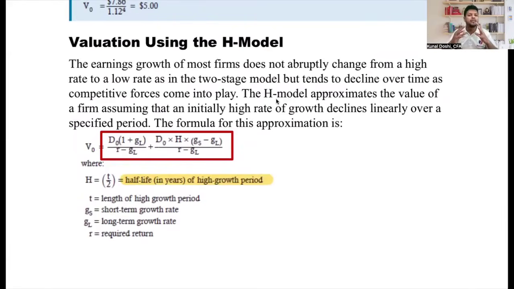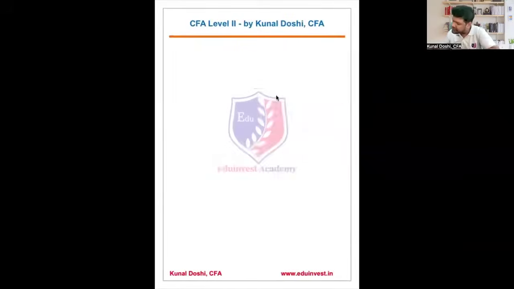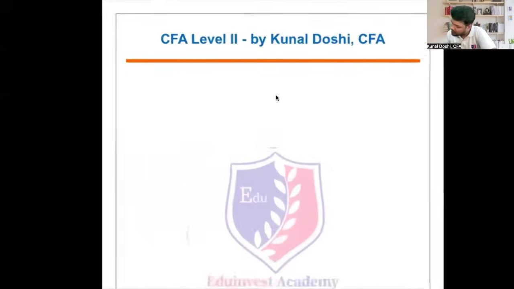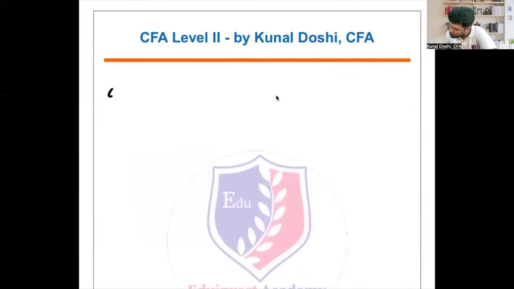It's averaged out. What about this transition phase and how to apply that in the formula? That is what we are going to see in the formulation. So the H model has a very unique formula. Let us understand the formula for the H model, two stage, three stage, right? I'm now going to use the H model valuation.